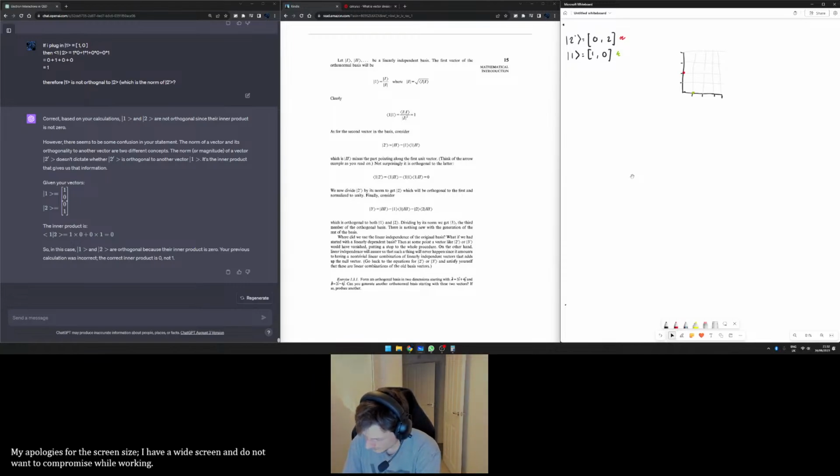Okay. And so then it says that 2 is equal to 0, 1. Let's make this blue. And that's because we've just scaled it. This one is scaled to a norm, but it's pointing in the same direction, right?